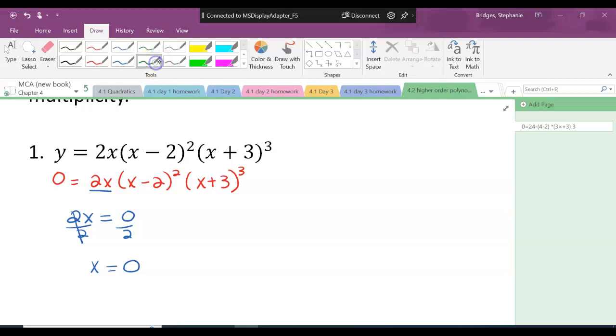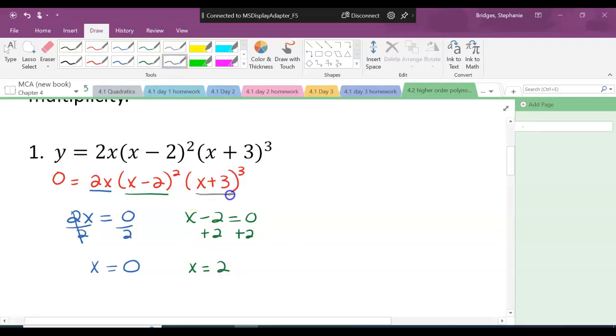Then I'm going to do the same thing with the x minus 2. I only need to do it once because the exponent will tell me how many times that occurs. There's no need for me to repeat the same equation multiple times if it's going to result in the same answer. So if I have x minus 2 equals 0, then I would just add 2, and that would give me 2 as my answer.